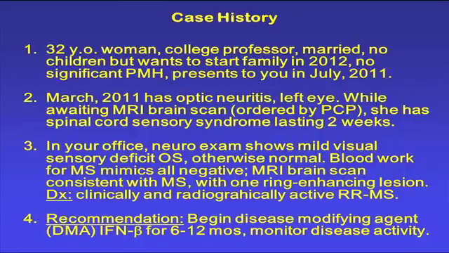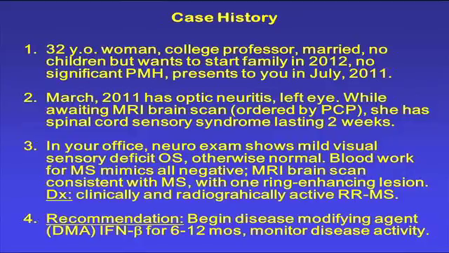So you diagnose her as clinically and radiographically active relapsing remitting multiple sclerosis. You say that it's active because she's had 2 recent attacks, and you say it's both clinically and radiographically active because she has a lesion in the brain which doesn't correspond to any of her symptoms, telling you that the disease is still active at the subclinical level.